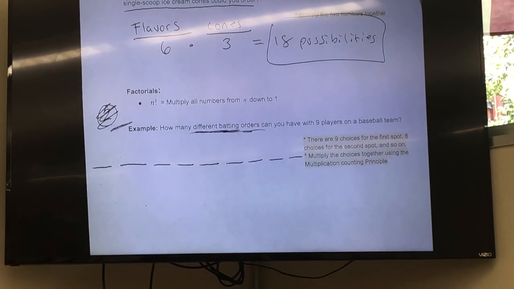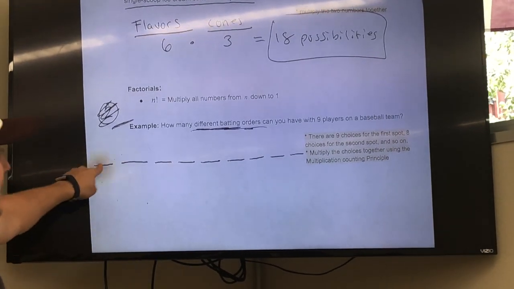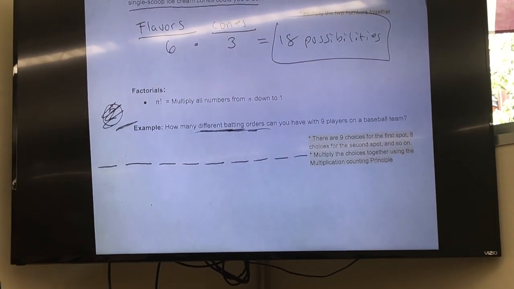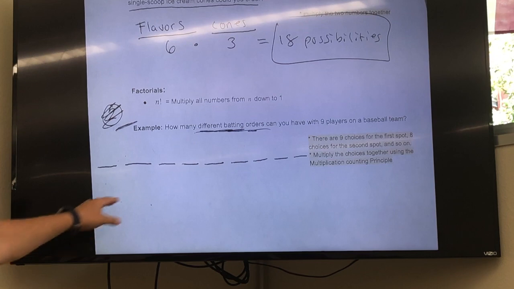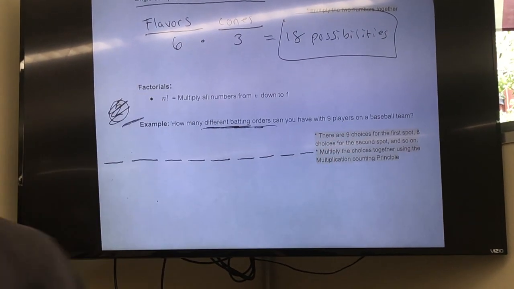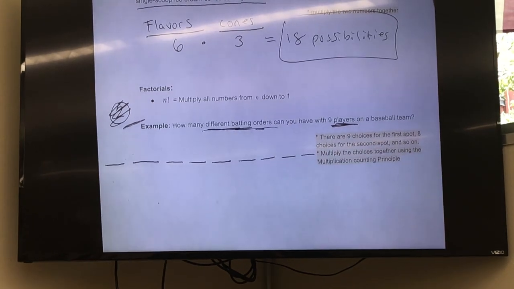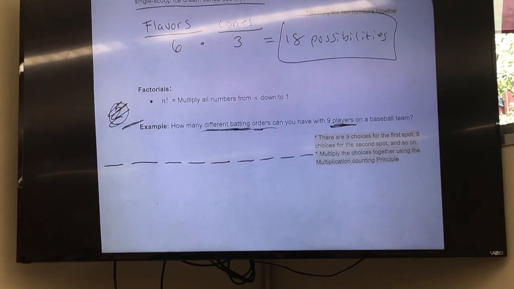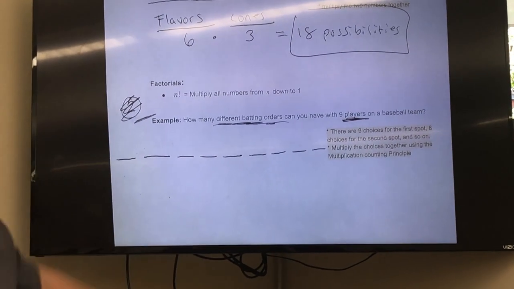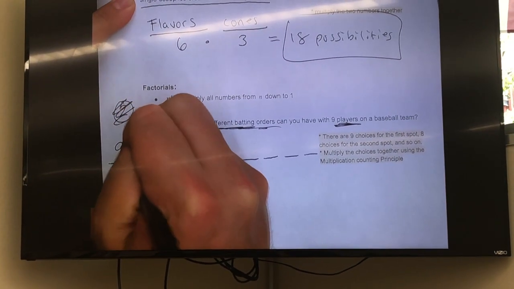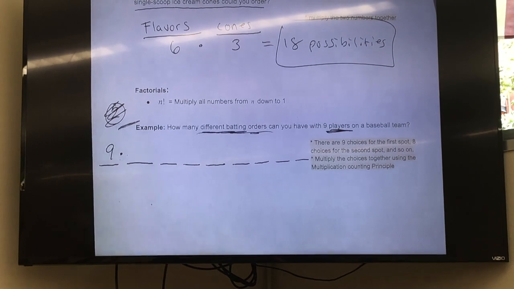He would go into this first slot, and there's lots of other people that are behind him. But on my team right now, I have 9 players. 9 players, so that's the other important thing. So if I have 9 players, in this leadoff position, this very first slot, I have 9 options that can go into that first slot.